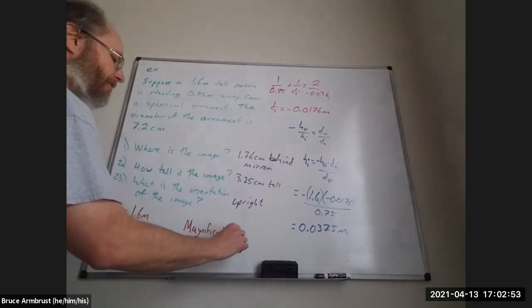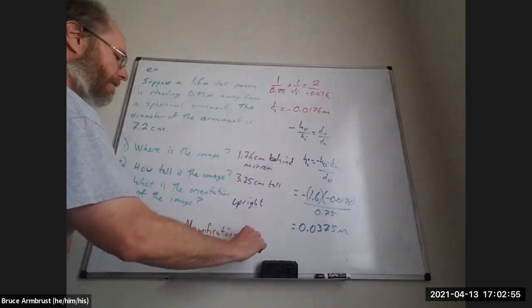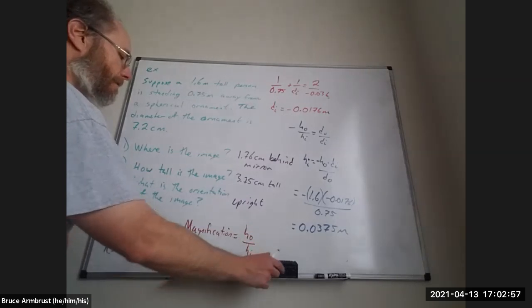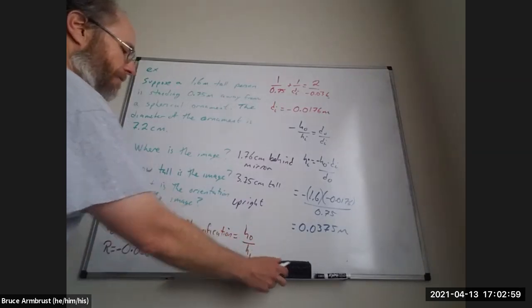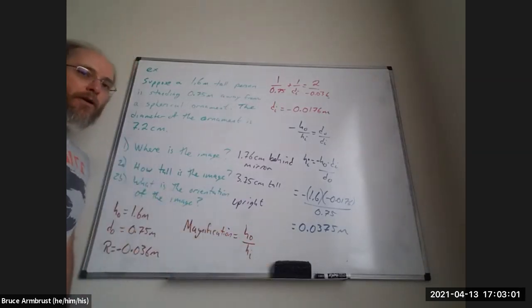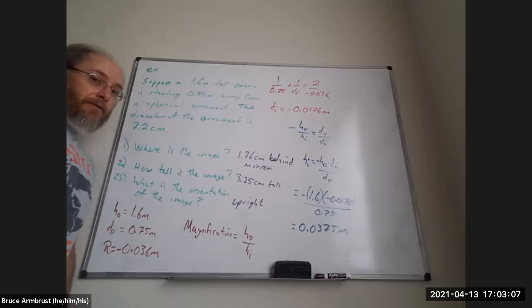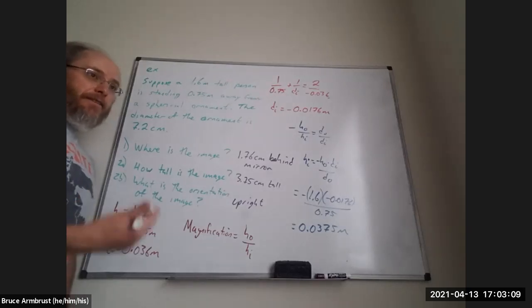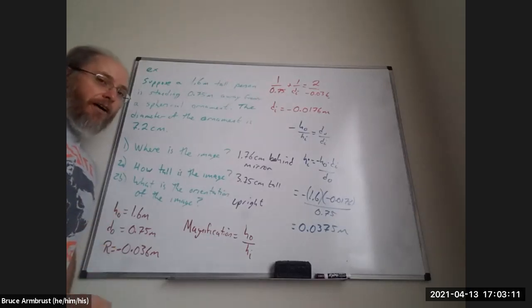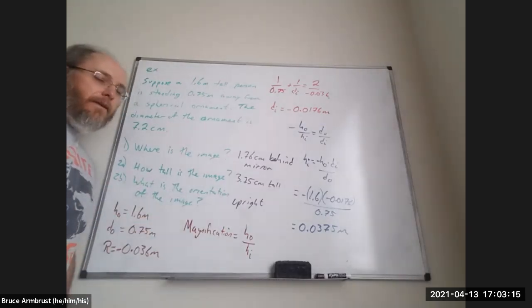And the magnification is defined as the ratio of HO over HI. And so sometimes that's what they'll tell you. They'll tell you, okay, this mirror has a magnification of, insert number here.